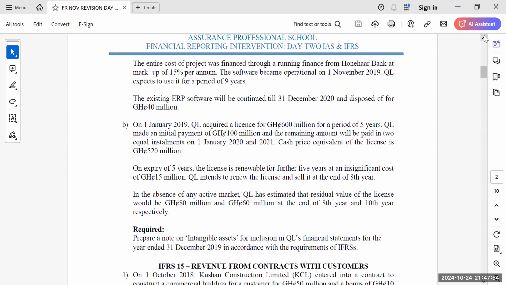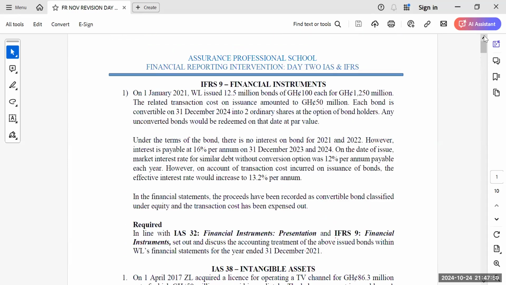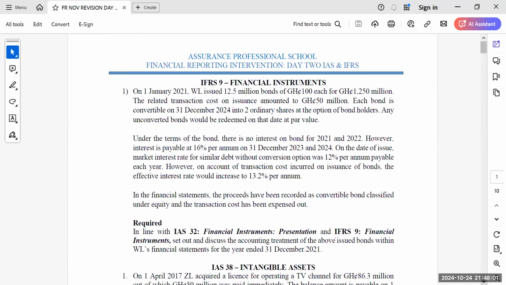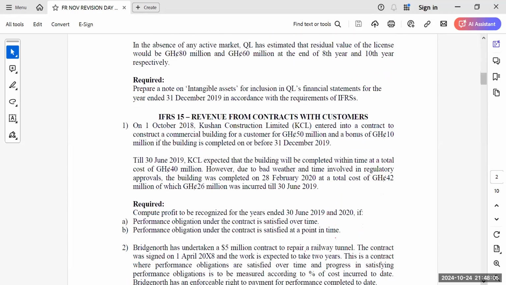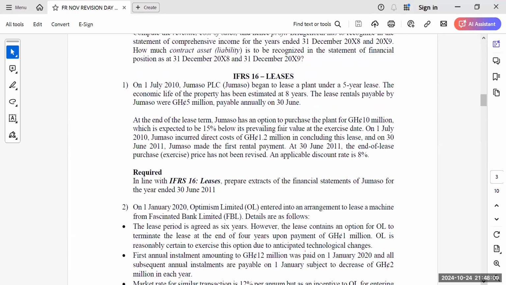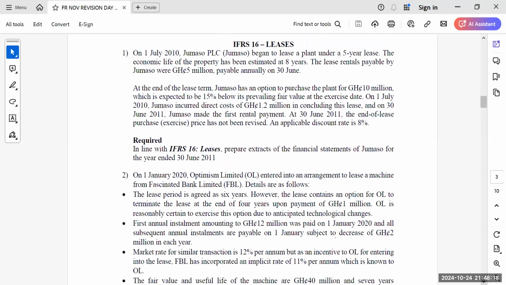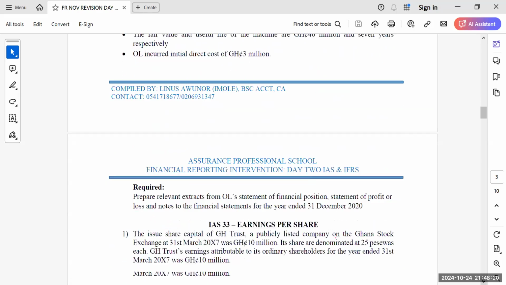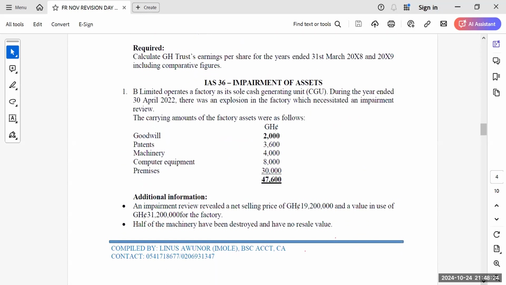38 is here. Okay, maybe I'll set some question on 37 and share with you. It's only 37. Forget about inventory and those ones. Borrowing cost is here. Government grant is here. They are all here.